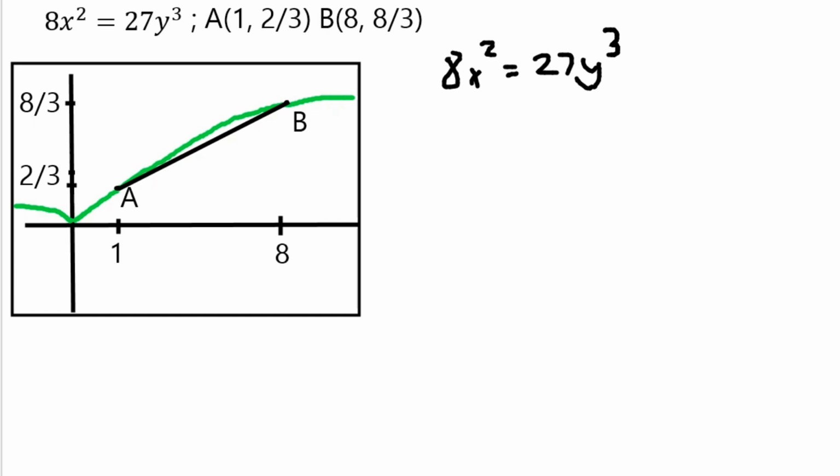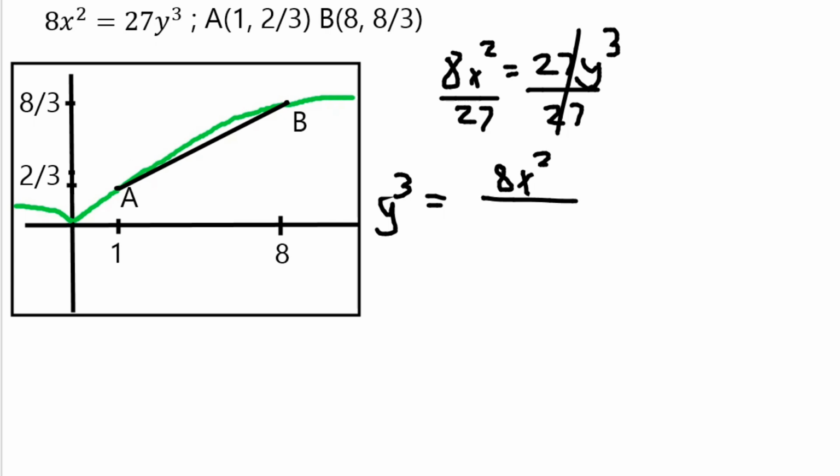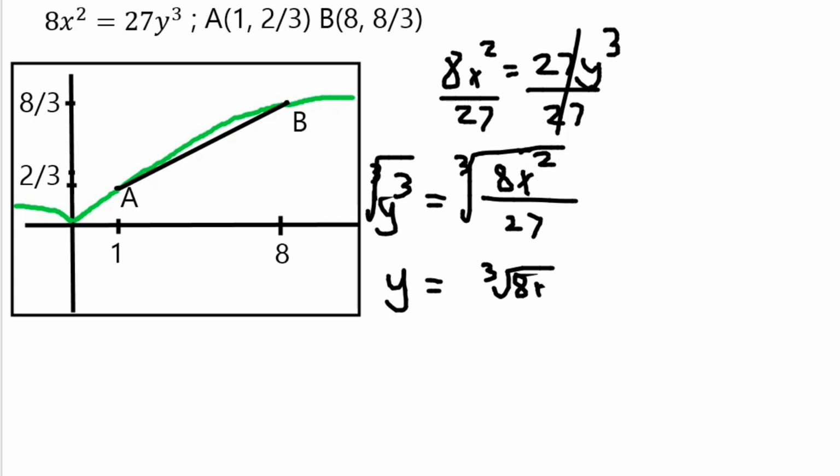We can also solve for the value of x, so we can get the function g of x. But here, we're just going to solve for y, so we can get f of x as our function. If we solve for x, we will get g of y.